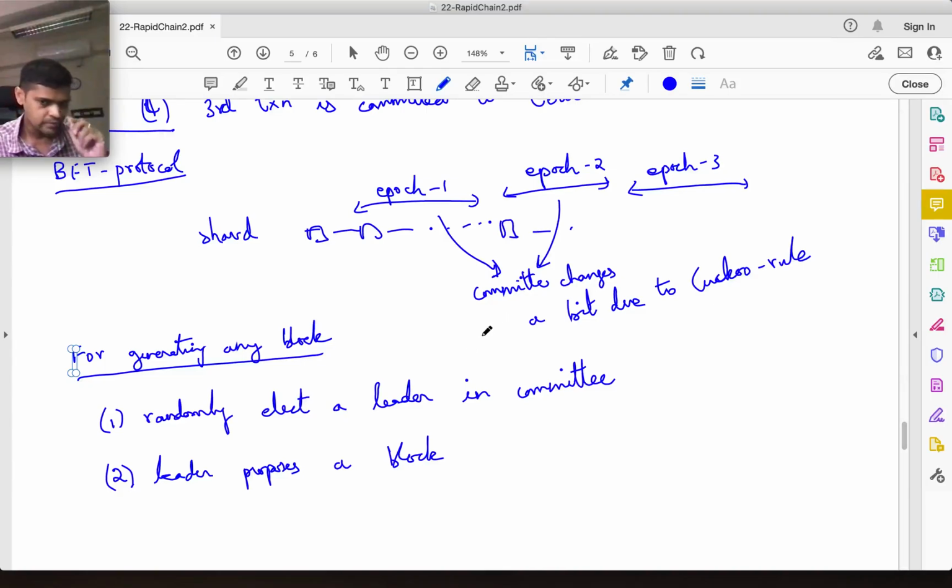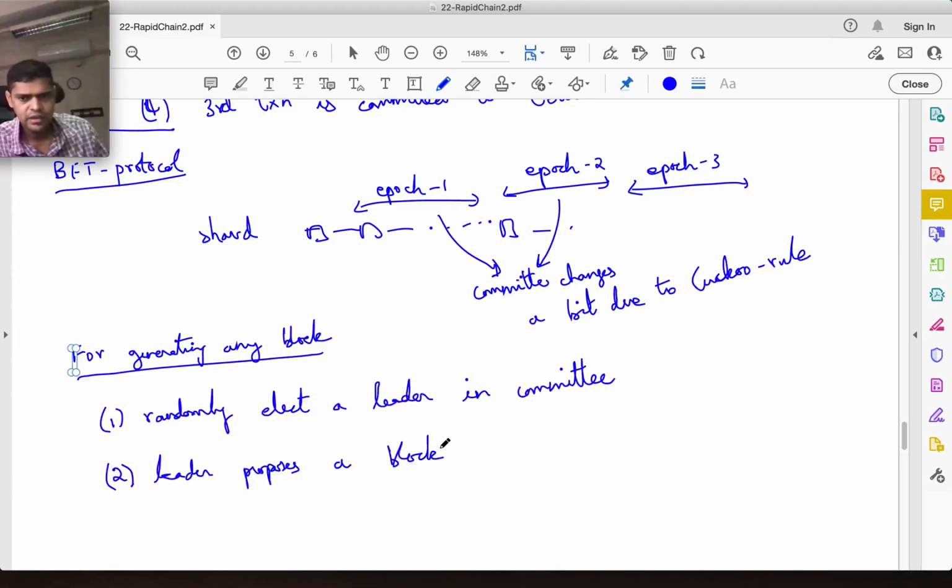We don't have to worry about network propagation leading to forks and so on. There is only a single person who is allowed to create the block, and he creates a block and sends it to the other people, right? So what can go wrong here? So he might, if he's malicious, send different blocks to different committee members.